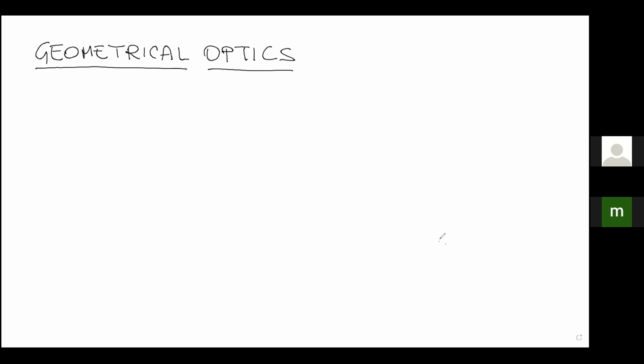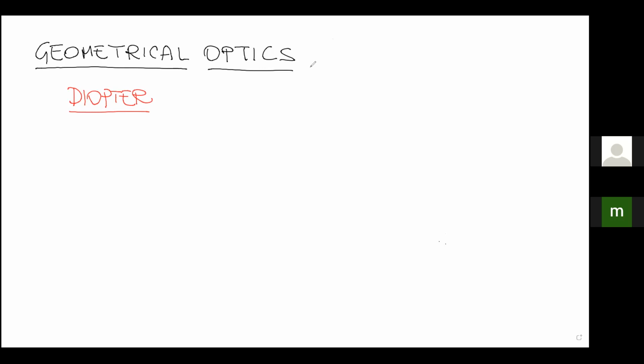And during the last lecture, we discussed the simplest optical system that we can think of. That is a spherical surface that is separating two media with different refractive index.